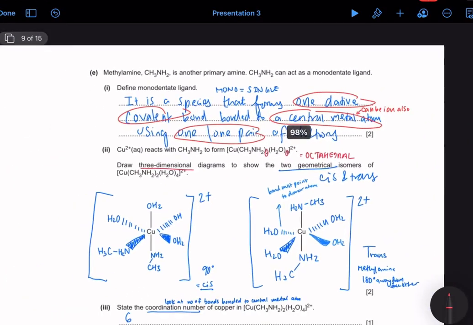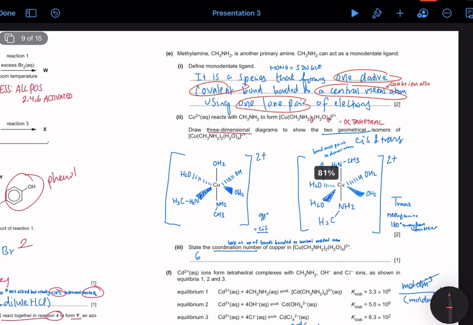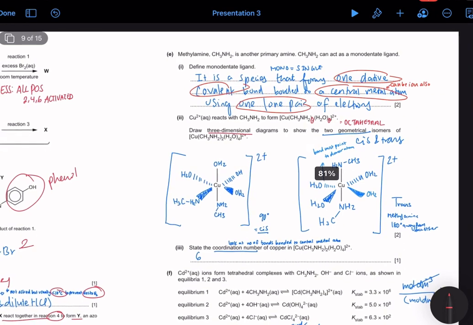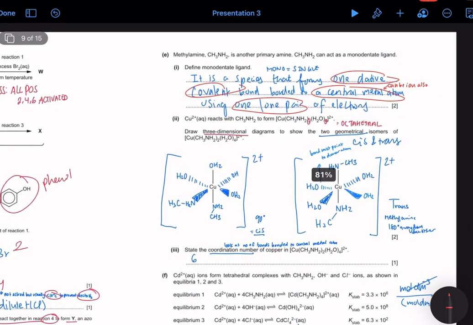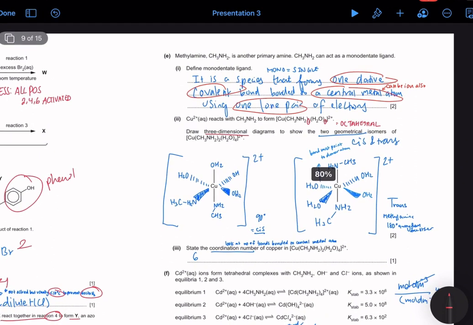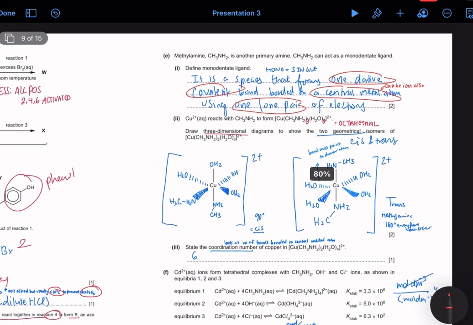Alright, so question E. Methylamine, CH3NH2, is another primary amine. CH3NH2 can act as a monodentate ligand. So what is a monodentate ligand? It is a species that forms one dative covalent bond, or you can say coordinate bond, bonded to a central metal atom using one lone pair of electrons.